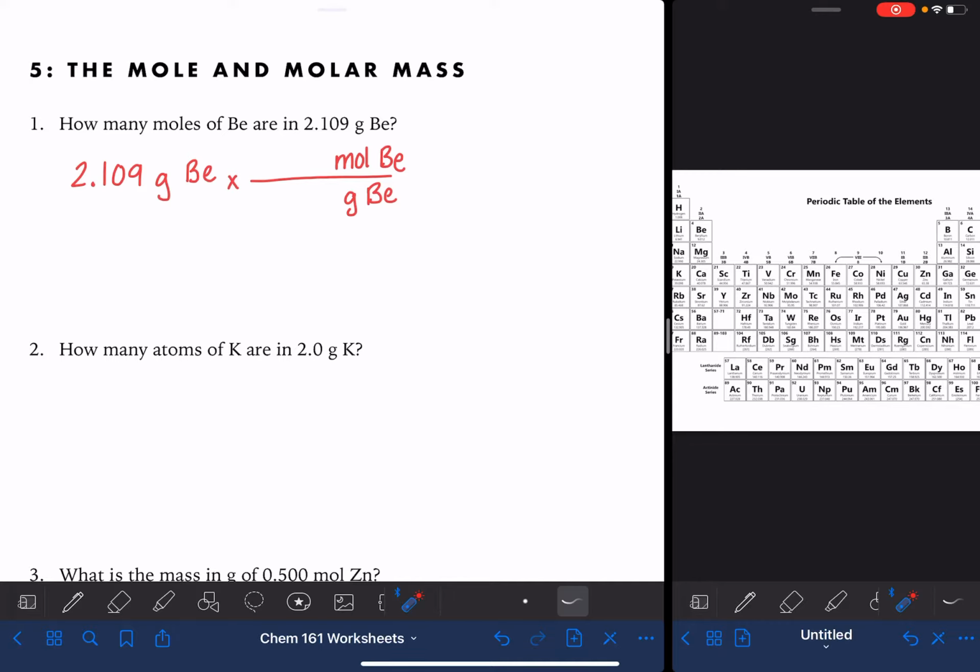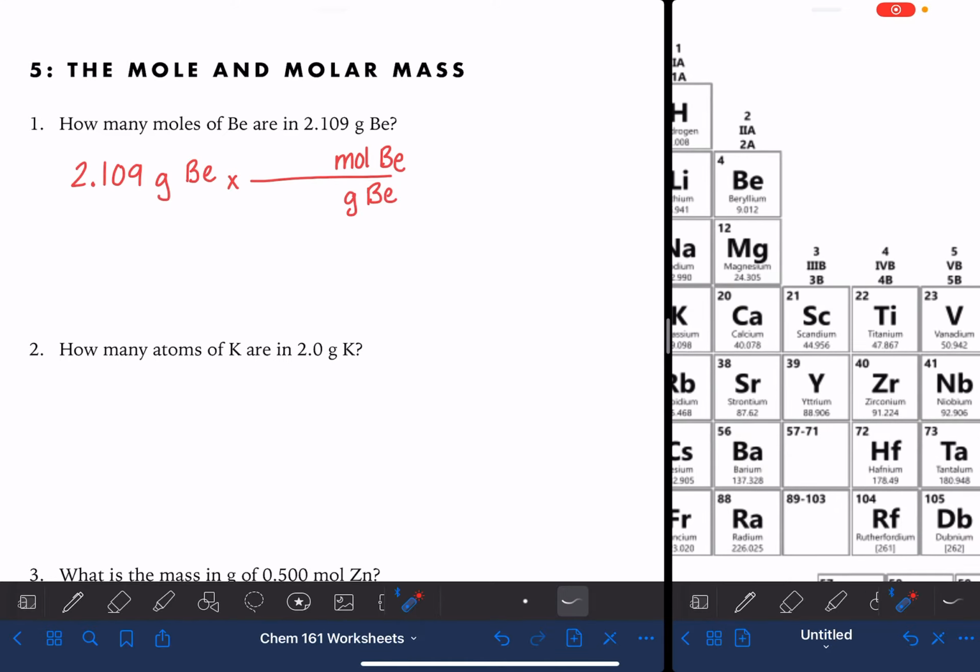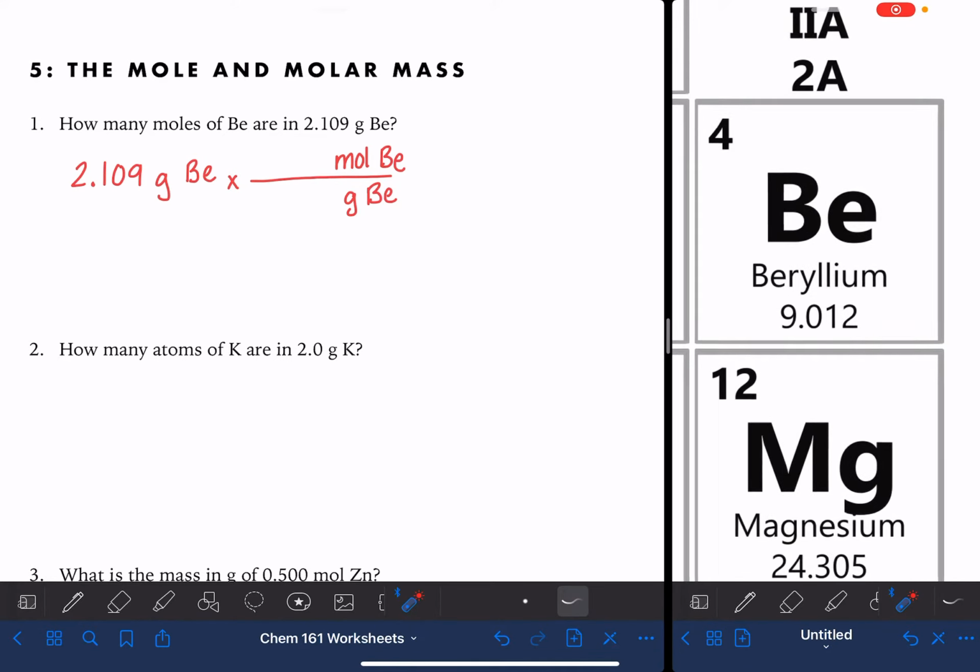That number comes from the periodic table. So what we want to do is go find beryllium on the periodic table. And what we're looking for is not the atomic number of beryllium, but the other number. So this other number here is the mass, the atomic mass. And this is telling us that there are 9.012 grams in 1 mole of beryllium. That's how we interpret that. So that means that 1 mole of beryllium is 9.012 grams.